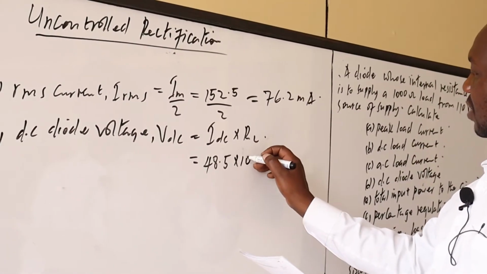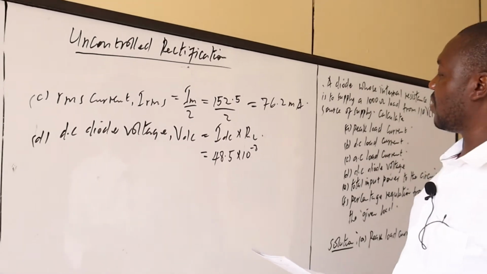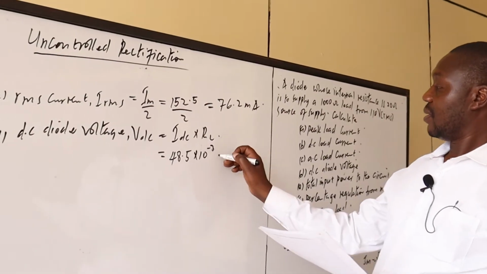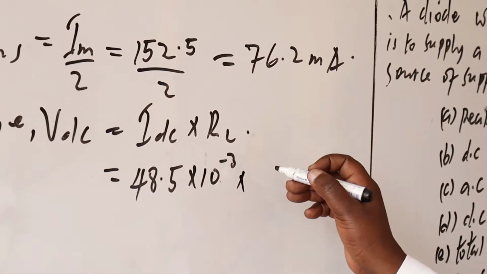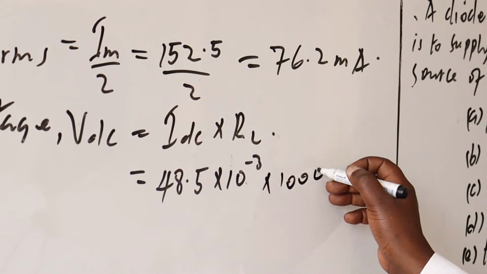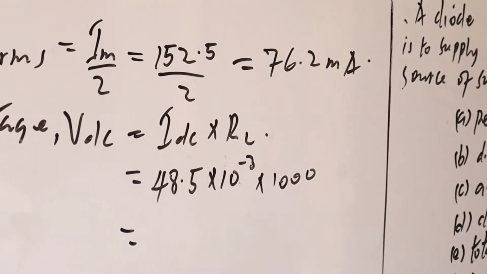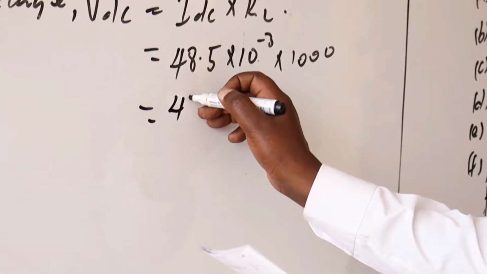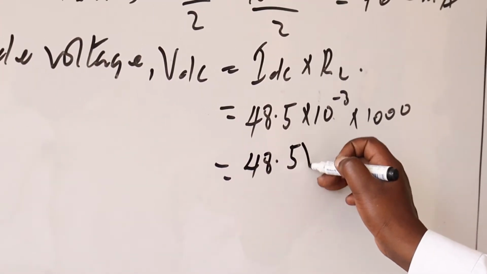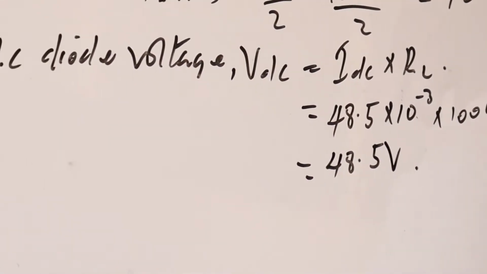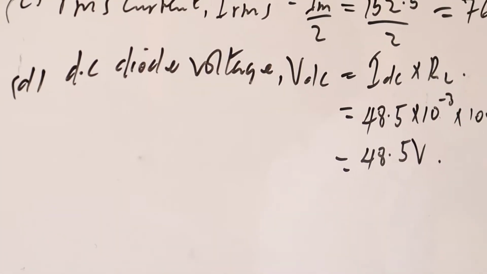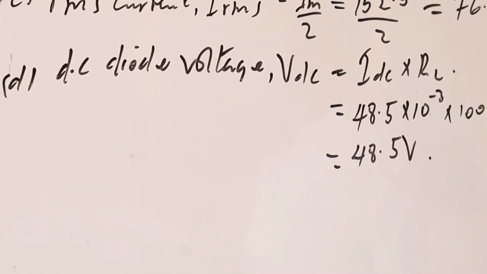So we multiply by 10 power negative 3 so that we have it in amperes, times 1,000. And this gives 48.5 volts. So that was part D.